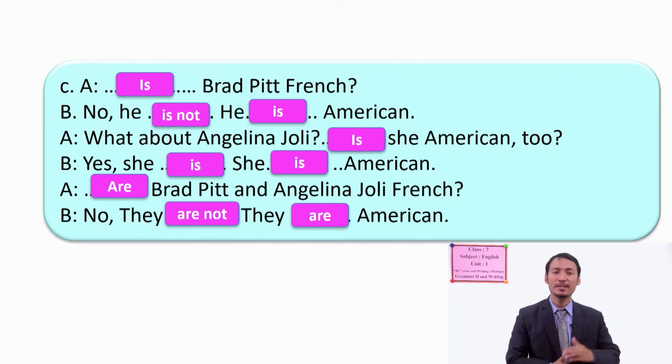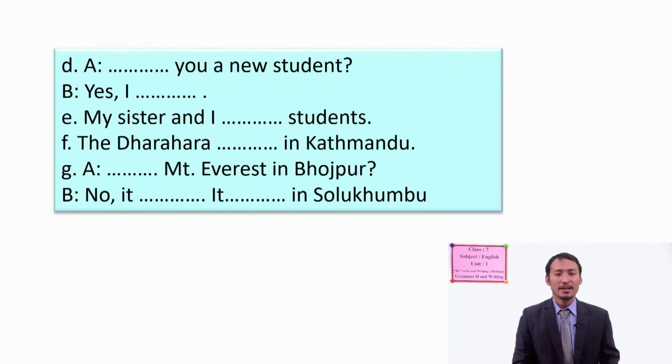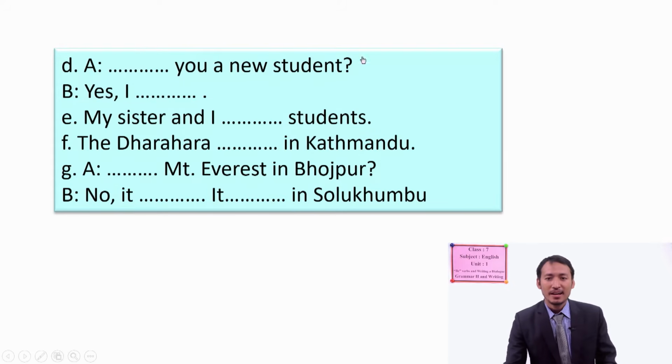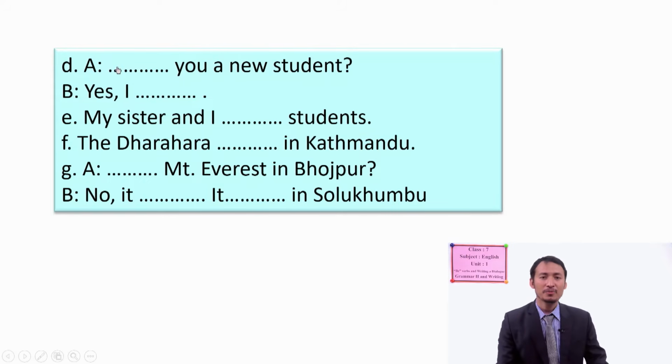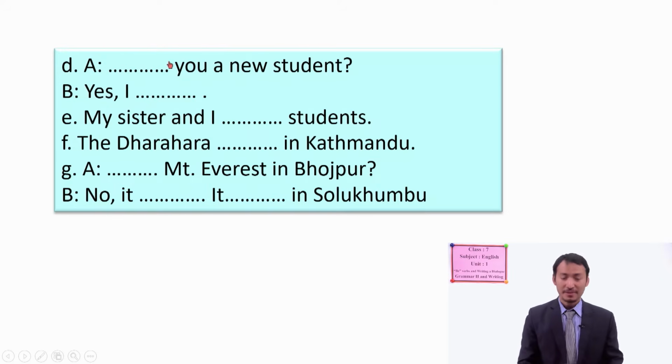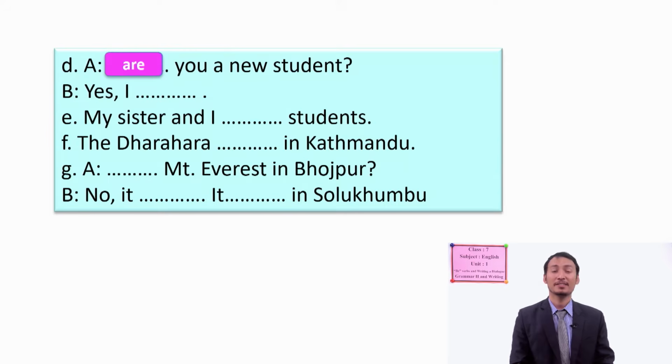So likewise, we can complete the exercise. This one, for example, you can see the similar question mark here. So you are going to write the be verb here. You are new student. So here with the second person pronoun you, we can write are. Okay, we have to write are.